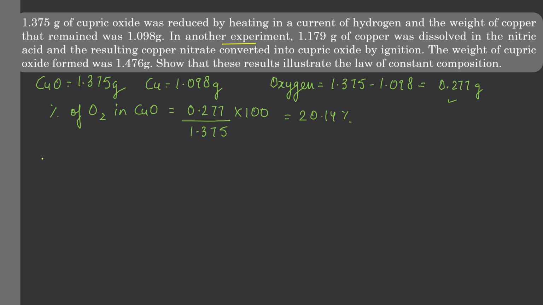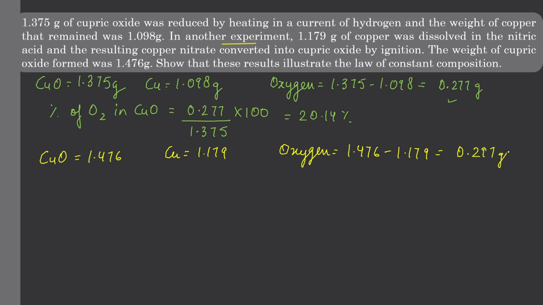Again, what is given to us is copper oxide, that is 1.476. Copper given to us is 1.179. Again, we can calculate the oxygen here on subtracting 1.476 minus 1.179. On subtracting, you'll get 0.297 gram.